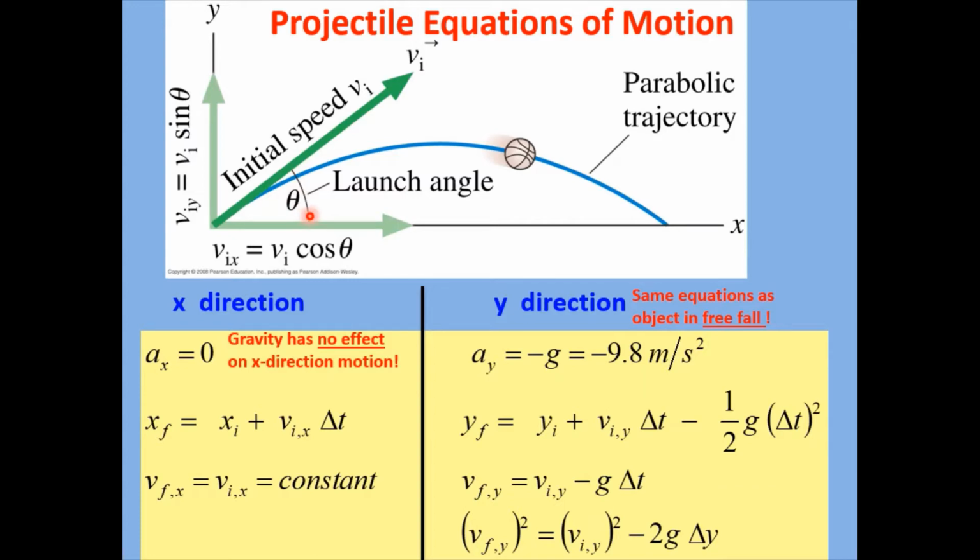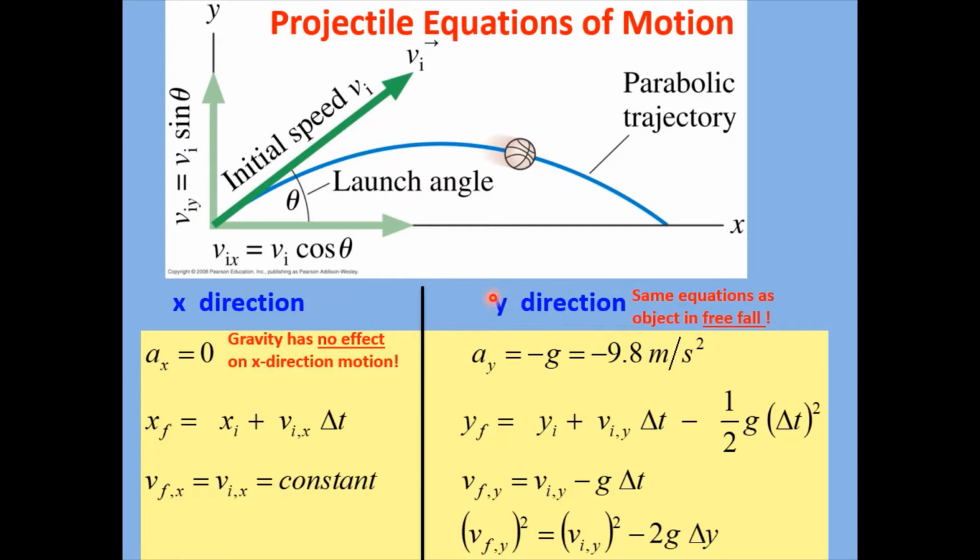and this angle is called the launch angle theta. So what we're going to do to solve problems here is a divide and conquer strategy. We are going to decompose projectile motion into two separate independent problems. One that involves the x or horizontal direction, and the other problem will be in the y or vertical direction.